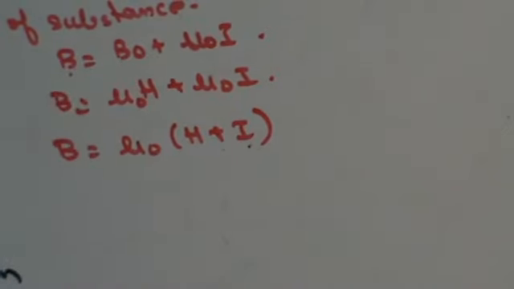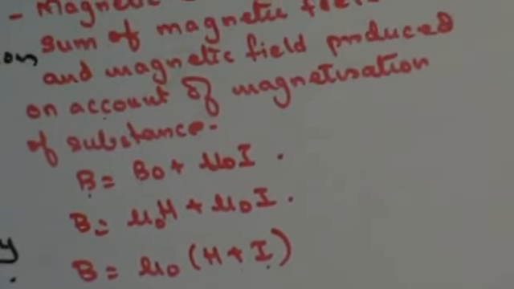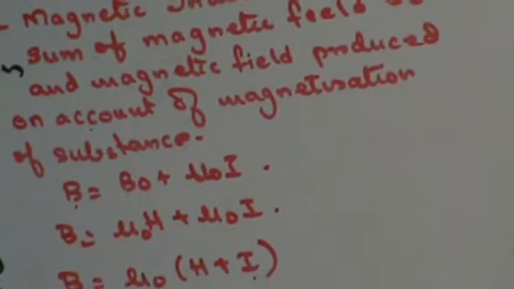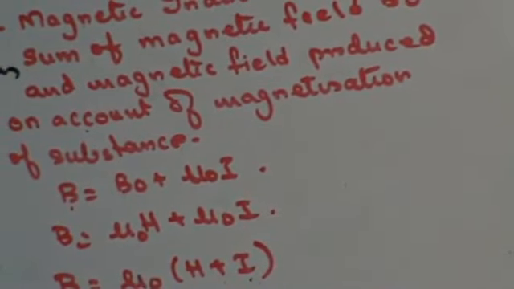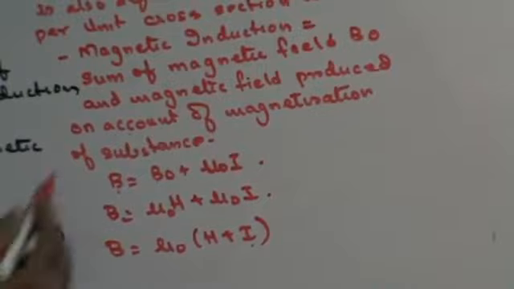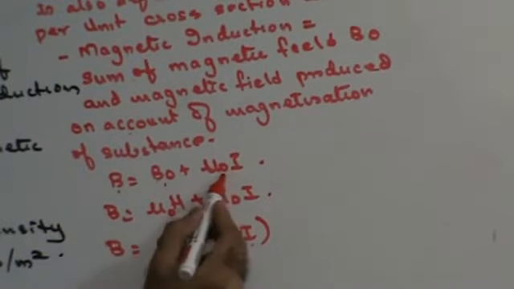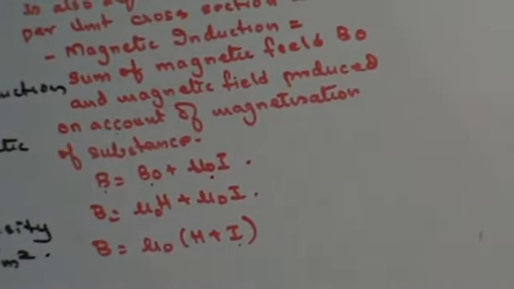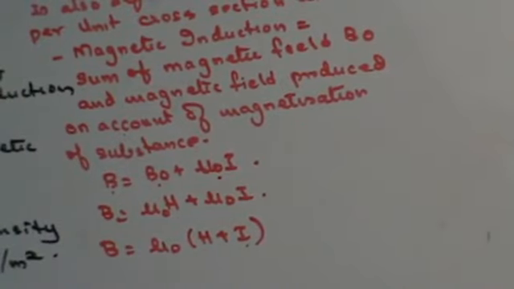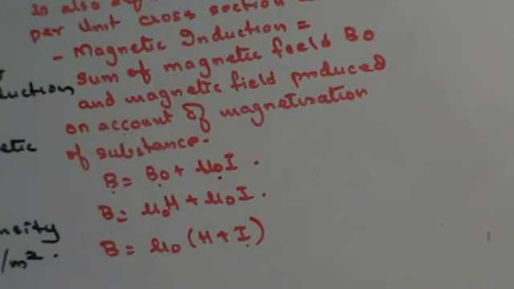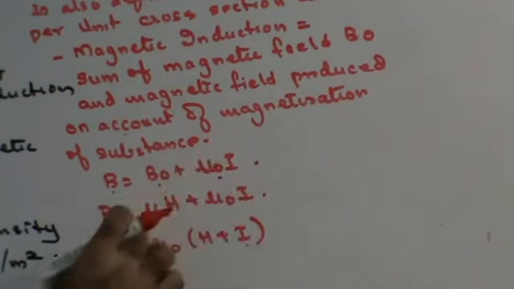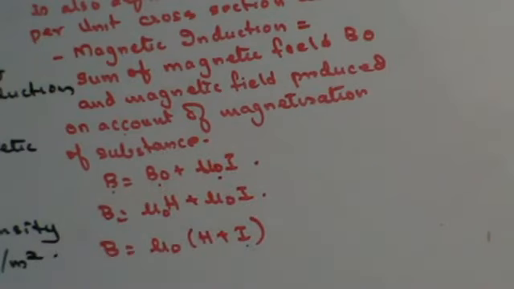Magnetic induction is also defined as the sum of the magnetic field produced in vacuum and the magnetic field produced on account of magnetization of the substance, where it depends upon magnetic intensity. Just substitute the value mu 0 H and mu 0 I, and you will get your answer.